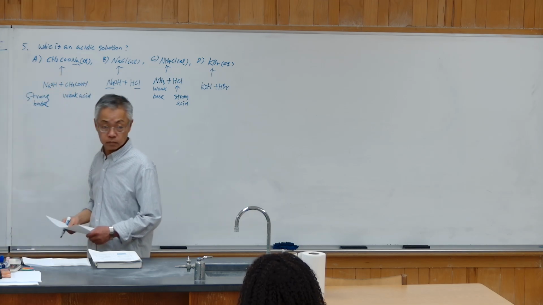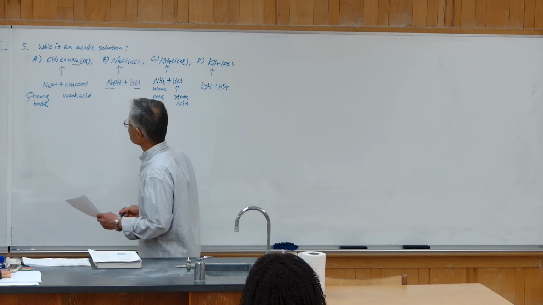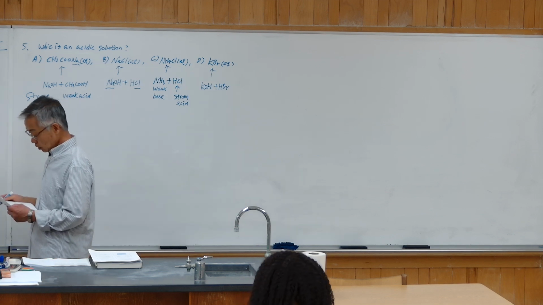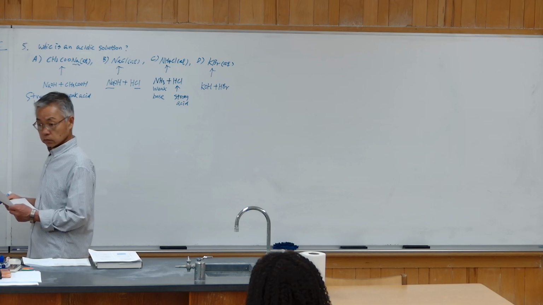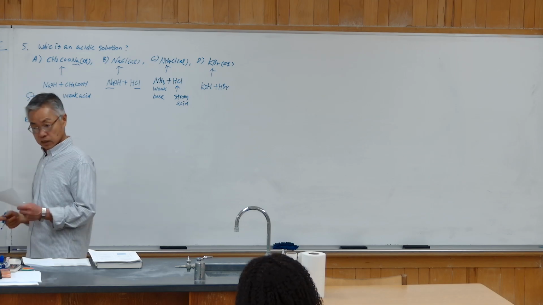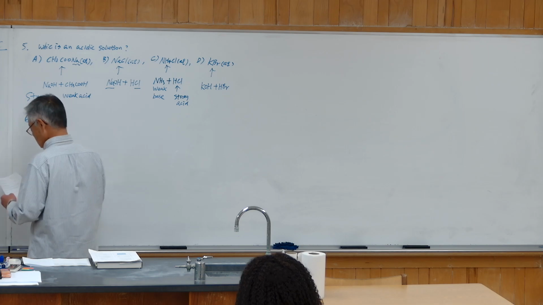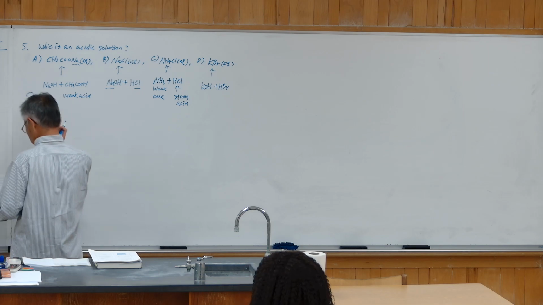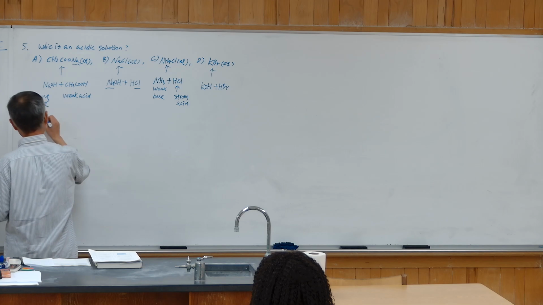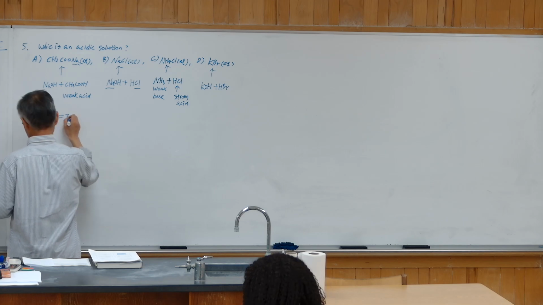Okay. The rest is calculations you need to work. Each step should be shown, and each step is worth some points. Question 6 asks you to calculate the hydrogen ion concentration of the solution. pH is 3.